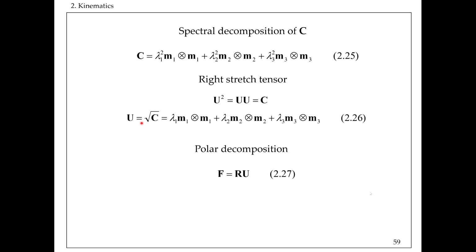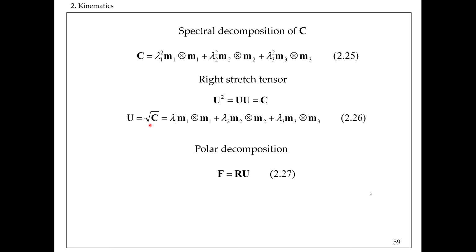And the stretch tensor is basically what you expect it to be, the stretch ratios in these directions. So lambda 1 corresponds to m1, lambda 2 to m2, lambda 3 to m3. These are principal stretches in the principal directions. With that definition, U represents the information about how much the line element was stretched at a point.